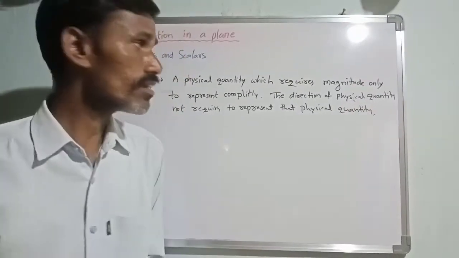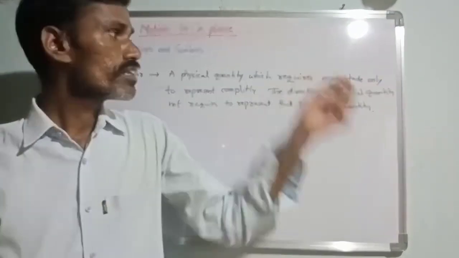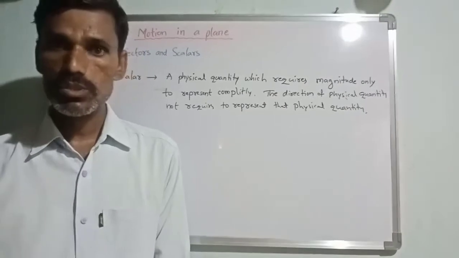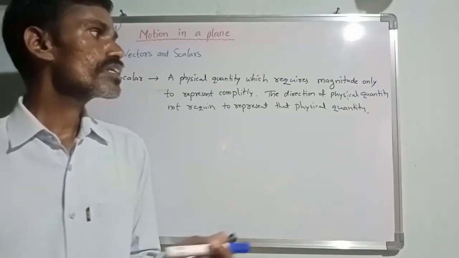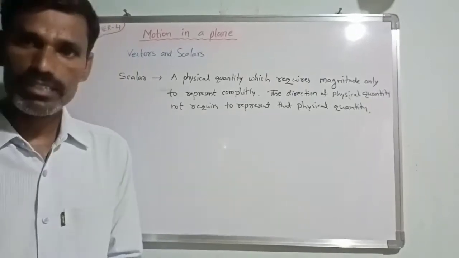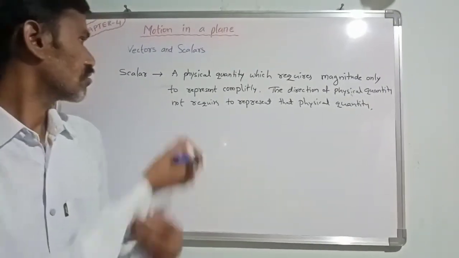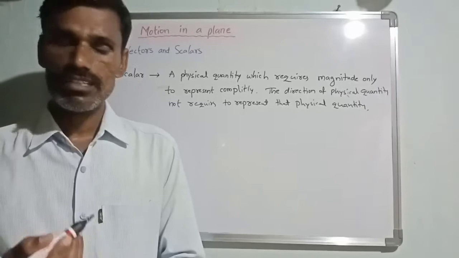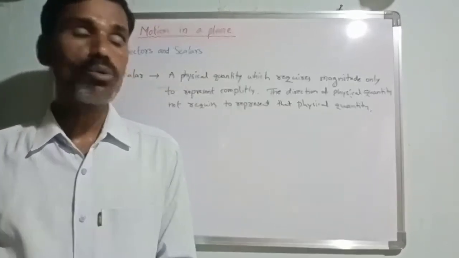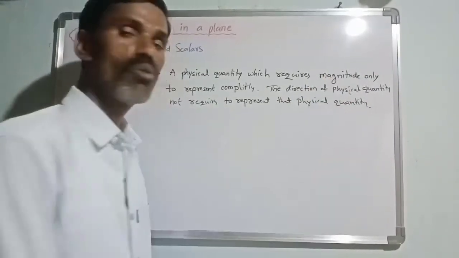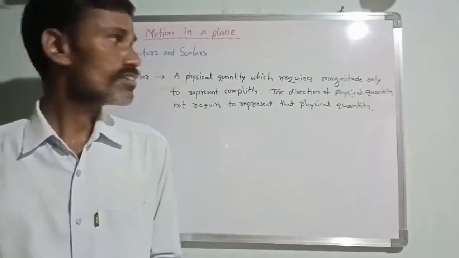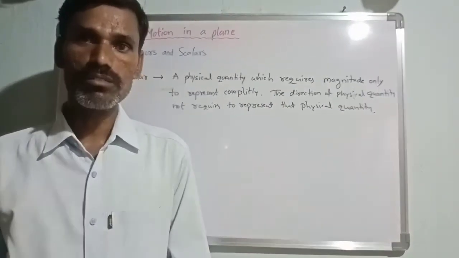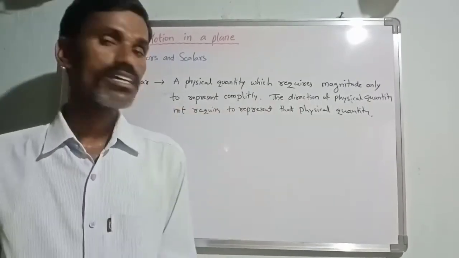Scalar is the physical quantity which requires magnitude only to represent completely. So in simple form, we say that a scalar is a physical quantity which has only magnitude, which does not have direction.